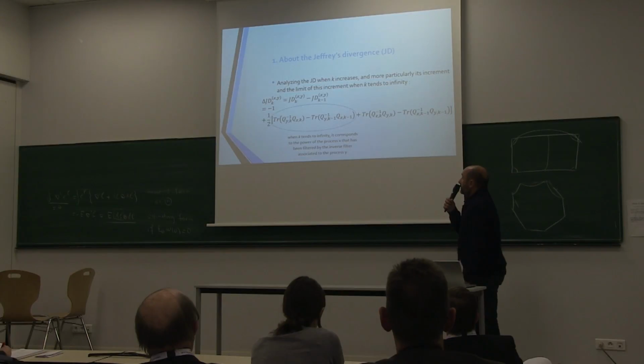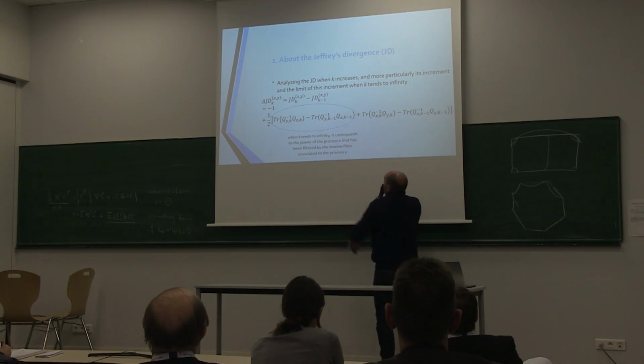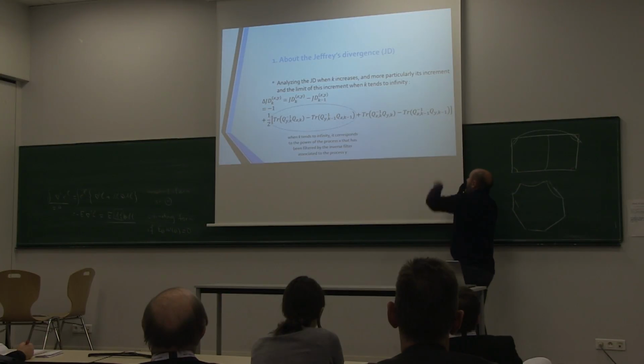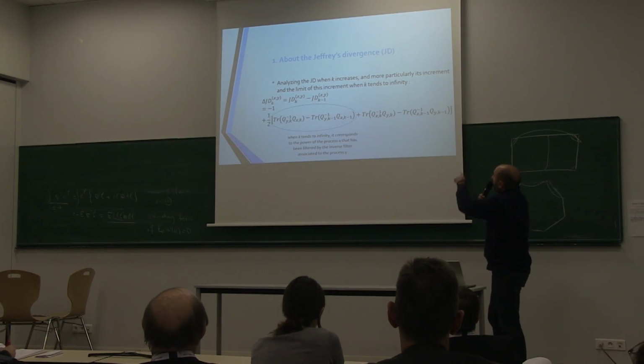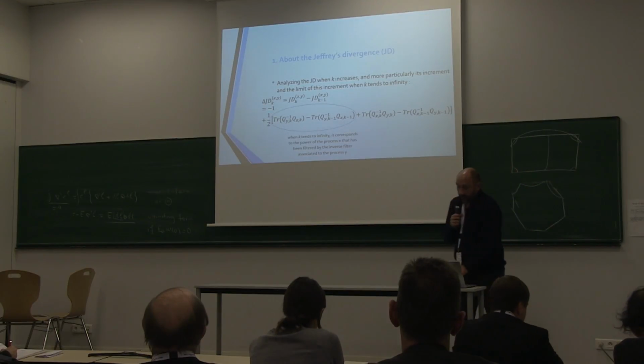In previous work, we showed that this corresponds, as I told you, to the power of the process X, the first, that has been filtered by the inverse filters. Conversely, the second term corresponds to the power of the process Y that has been filtered by the inverse filter associated to the process X.